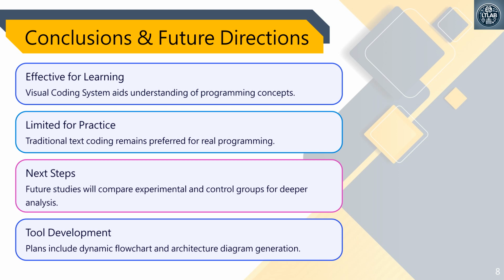So in our conclusion and future direction, our visual programming system is an effective learning companion that enhances conceptual understanding, especially in areas like memory management and pointer logic. It supports learning by turning invisible execution into visible feedback.